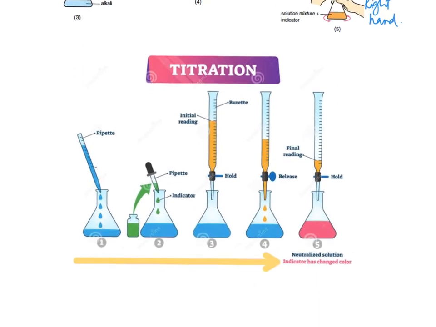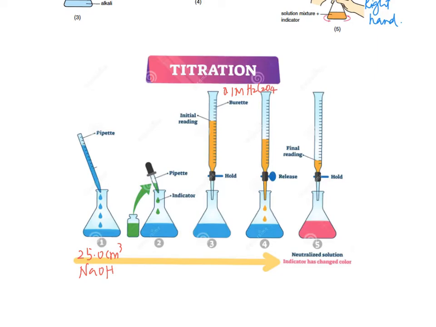Now this diagram summarizes the titration process. We have 25 cm³ sodium hydroxide solution of unknown concentration in the conical flask. We add the suitable indicator and we fill the burette with 0.1 M ethane dioic acid.